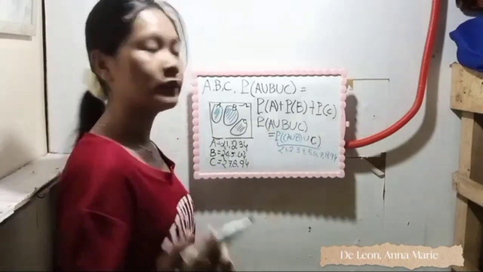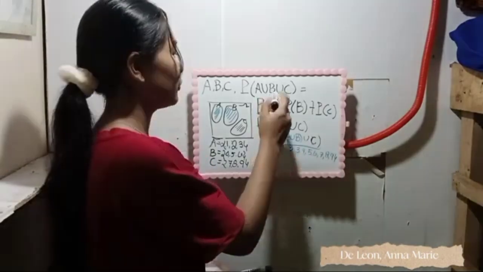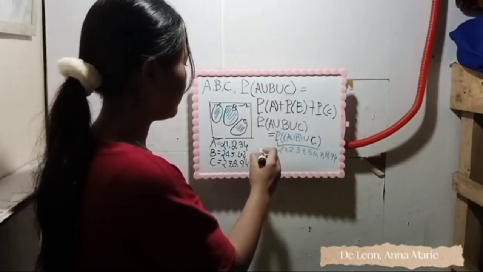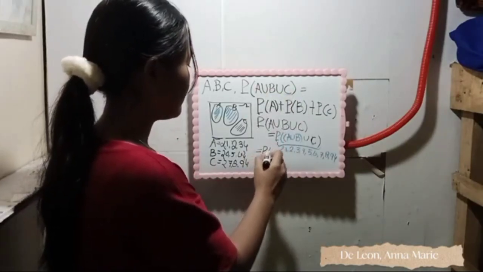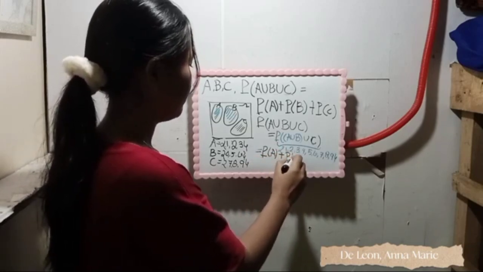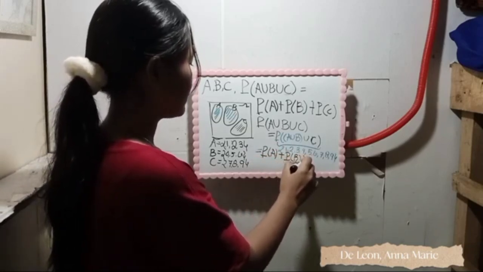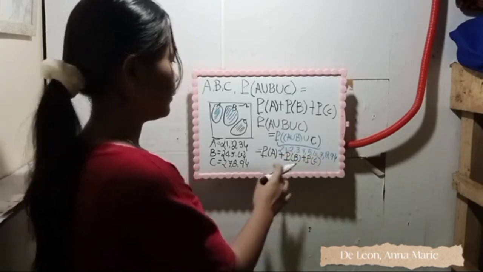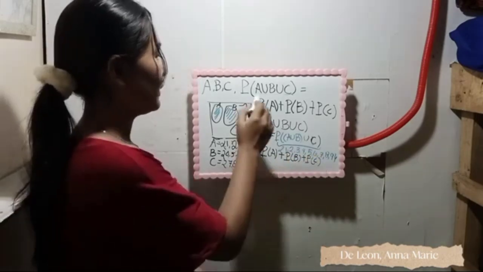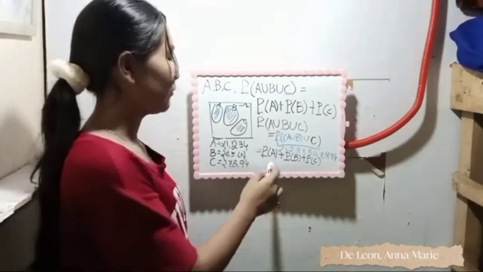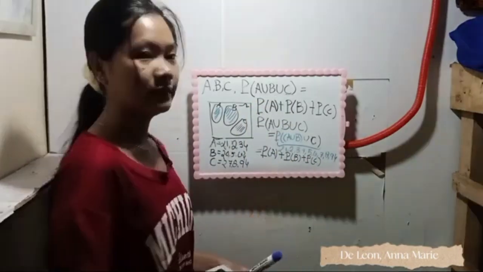So we can conclude that the probability of A union B union C is the sum of the probability of A plus the probability of B plus the probability of C. So we prove that the probability of A union B union C is the sum of the probabilities of A, B, and C.